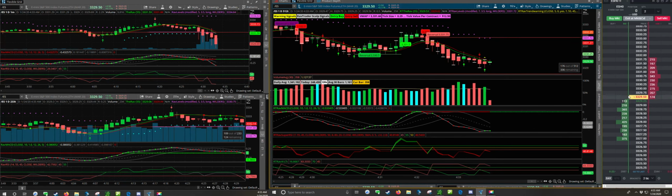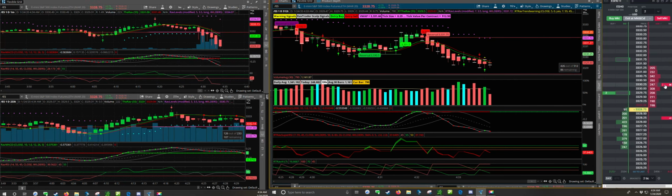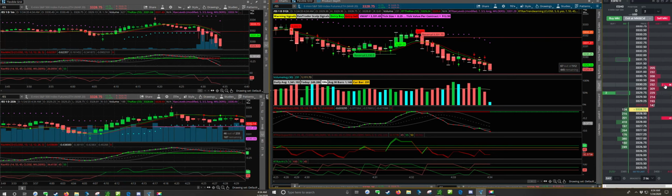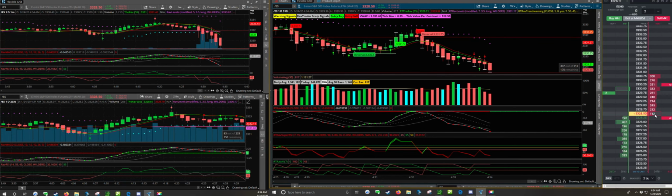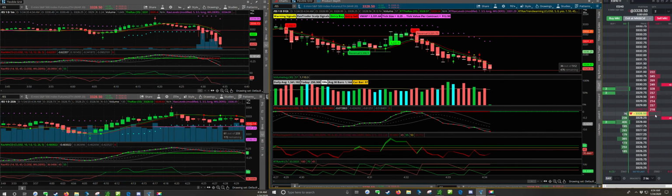Reversal at 30 long. If it continues short, oh, we broke the short at 29. Okay, put the order in 28.5 short. Order filled. 28.5 short triggered.